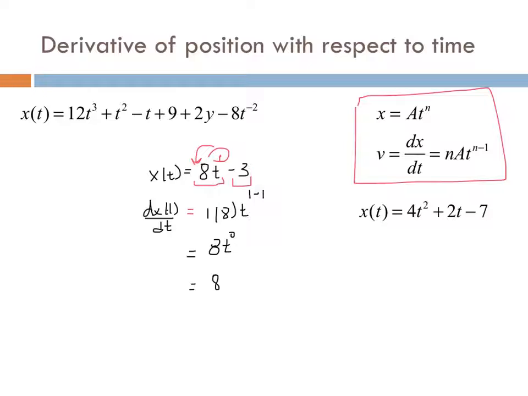So when you take the derivative of a constant, it is automatically just 0. Again, in your calculus class, you go a little bit more into detail with this. For now, you're going to need to just follow it. So your final answer is simply that our velocity function is equal to 8.